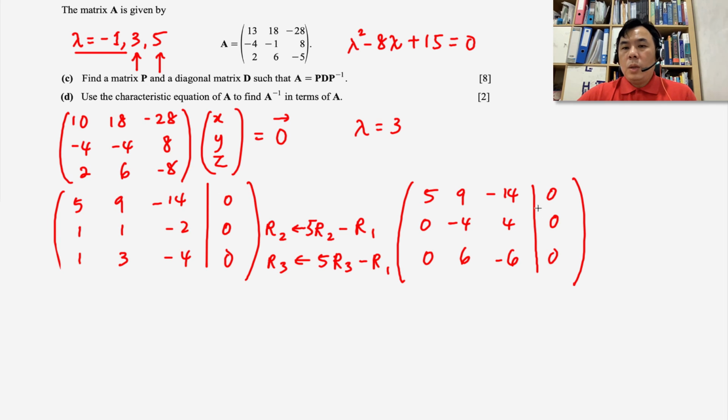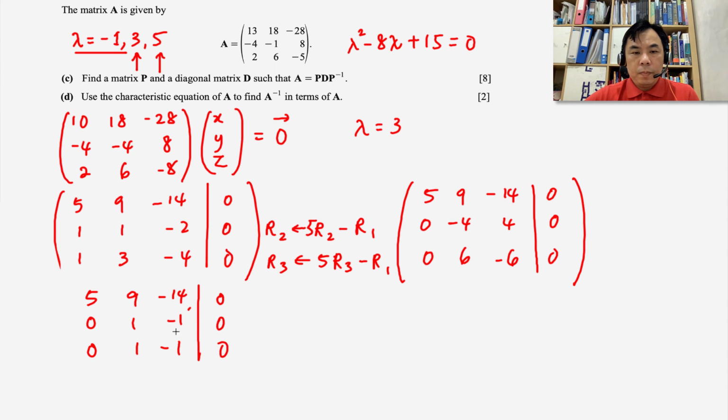Okay, now once we reach over here, you will notice that this one can be simplified further, and then that will give us 5, 9, -14, 0, you can say 1, -1, and then 0, 1, -1 also. And then finally, we can simplify the last row there by saying that R3 can be obtained by R3 minus R2.